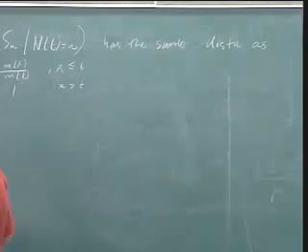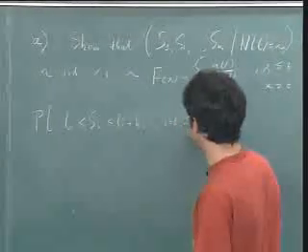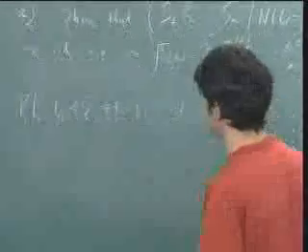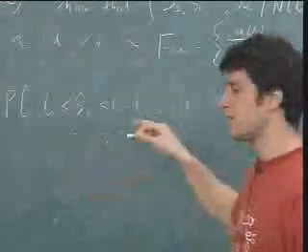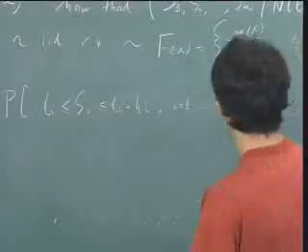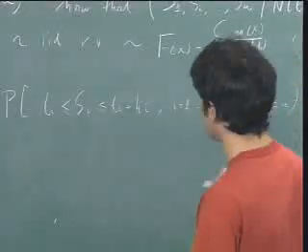What we have to do is find these probabilities for all i equal 1 to n, and then take all the h_i's to 0, and that's how we get the density.